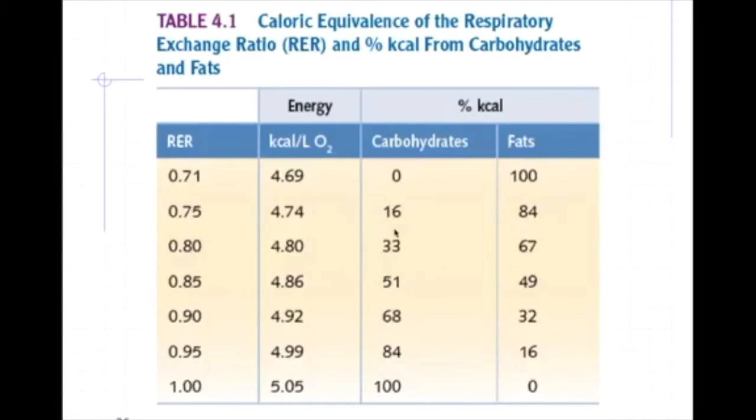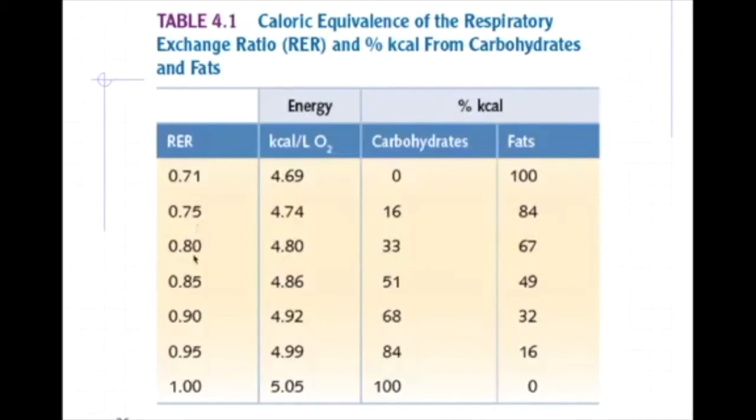As we kick up into exercise, lower to moderate intensity exercise will actually drop us a little bit lower on this RER scale, and we'll be burning more fats at our low to moderate intensity exercise.